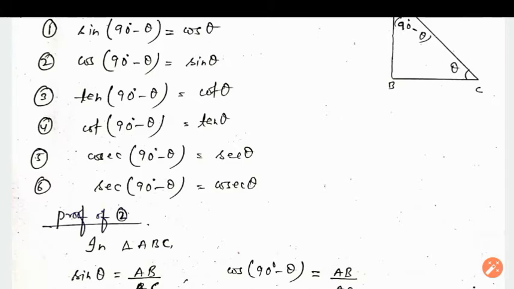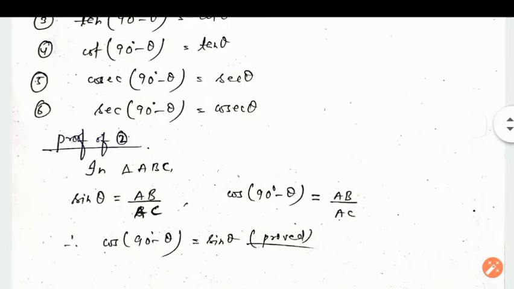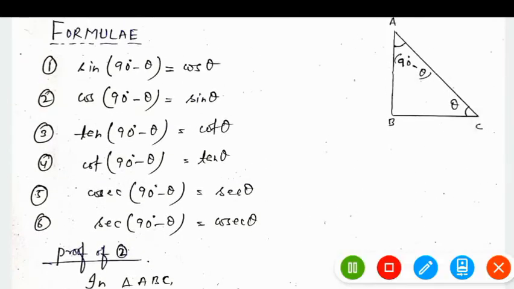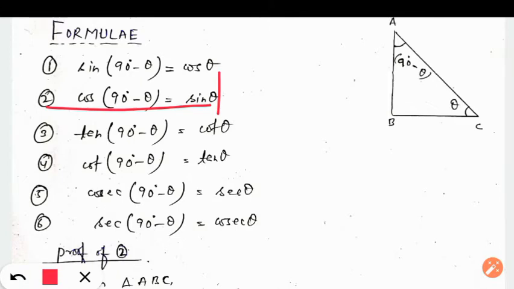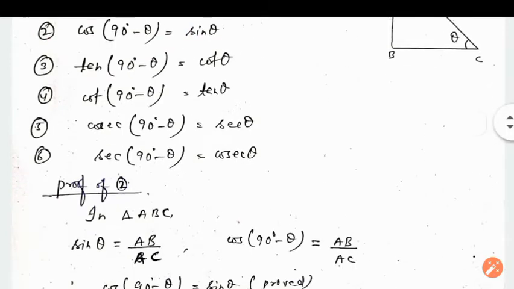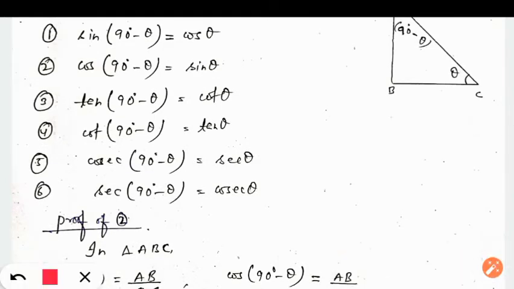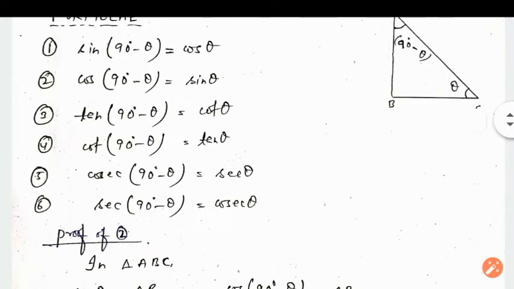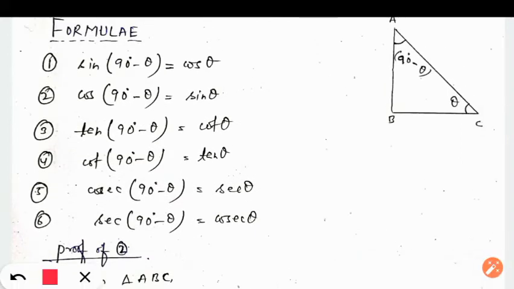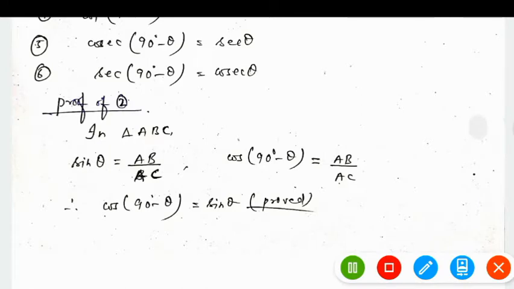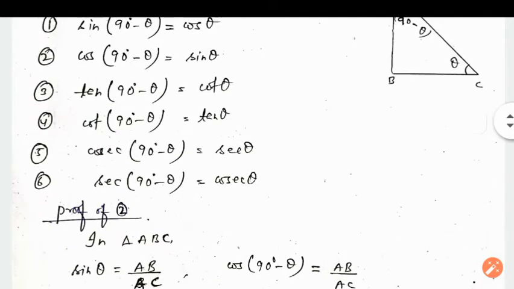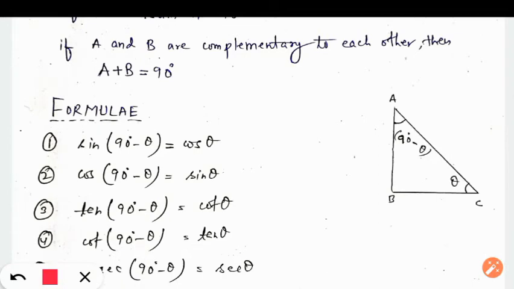Now the thing is, how did all these formulae come about? I am going to prove formula number 2. In triangle ABC, if I find sine of this angle, sine theta, it will be perpendicular by hypotenuse, AB by BC. Now find cos of the other angle.